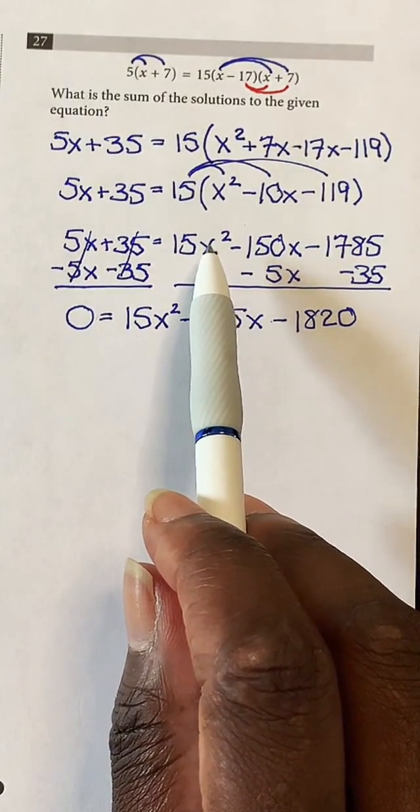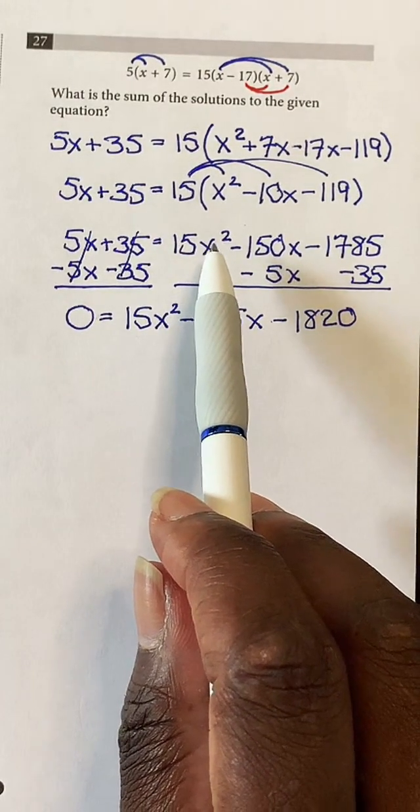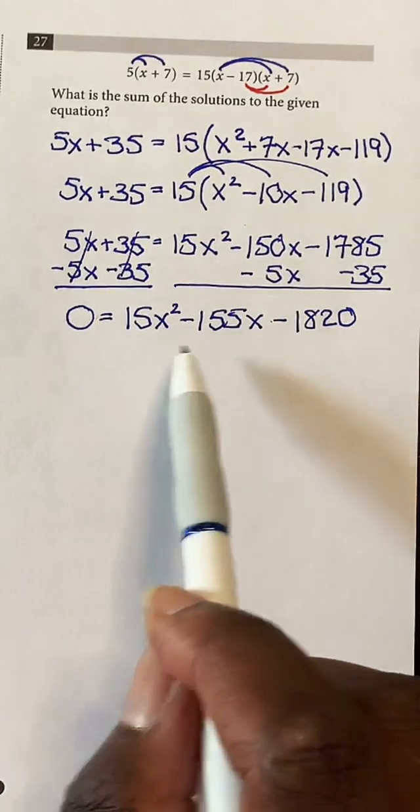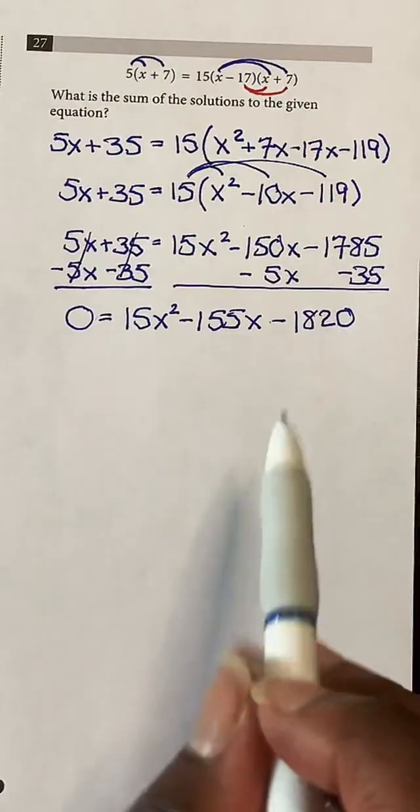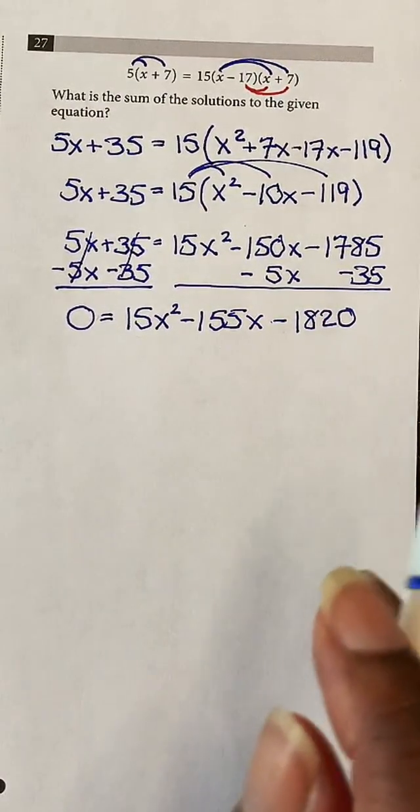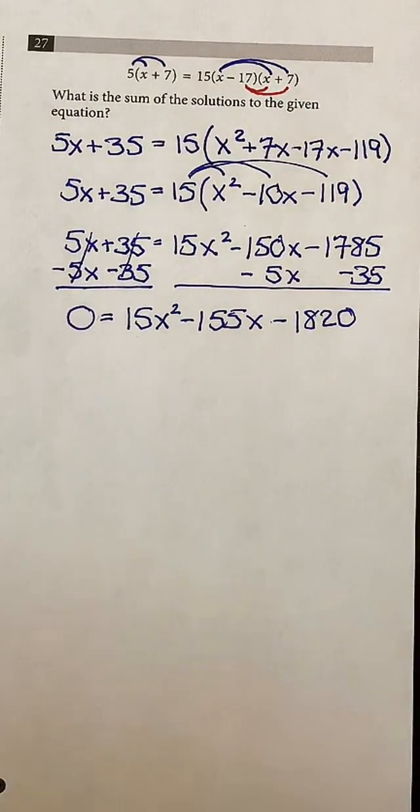Either we're using the quadratic formula, or we're actually going to try to factor all of this fun stuff out. No matter what, something is happening. But before we do that, do we have a GCF that deals with the 5, the 15, the 155, and the 1820?